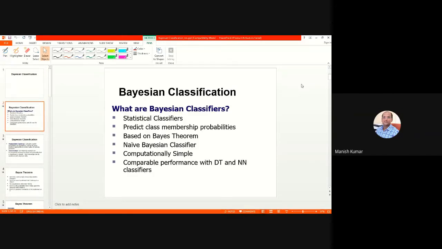So it's a statistical classifier that predicts class membership probabilities based on Bayes theorem. We refer to it as the naive Bayesian classifier.